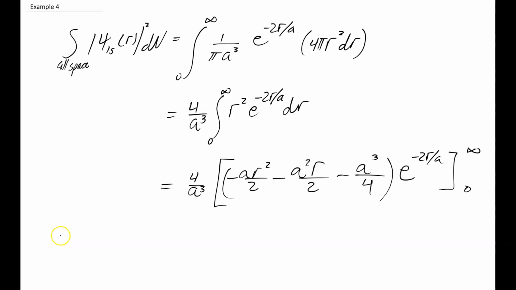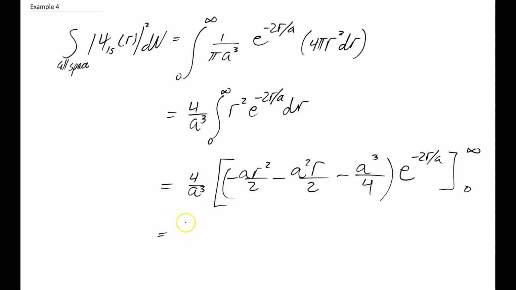At r equals 0, the last term in the parentheses, this term here, is good. This is 0, this is 0, and this is just e to the 0, which is 1. For infinity, we get e to the minus infinity, which is 0.